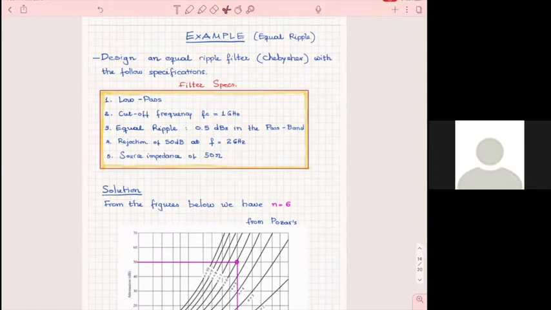Number one, for the flat pass band, let's assume that you have a filter for a system you design, which is developed to receive low signals, low in magnitude, or low power, if you like. And however, the signal is kind of clean.